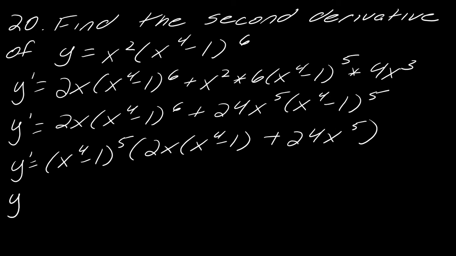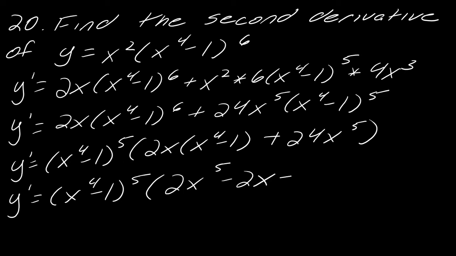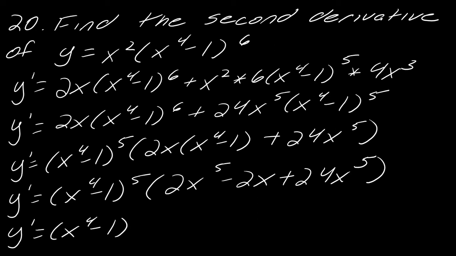So this will be (x^4 - 1)^5, and then this is 2x^5 - 2x + 24x^5. So in the end, I have (x^4 - 1)^5 times (26x^5 - 2x). Okay, so there is my fully simplified first derivative.